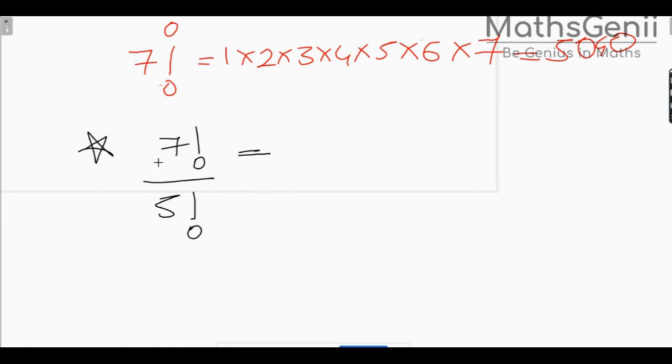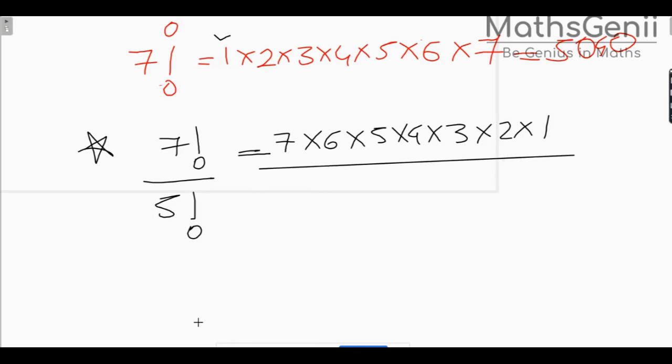Now if I had to expand 7 factorial, I generally expand till 1, but I will not do that in this case. 7 into 6 into 5, so I'm writing first how we generally write, 4 into 3 into 2 into 1. This is how you would have generally written, correct? Then how would you write 5 factorial? 5 into 4 into 3 into 2 into 1.